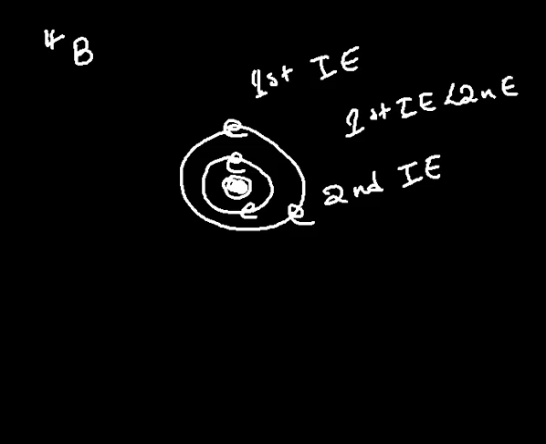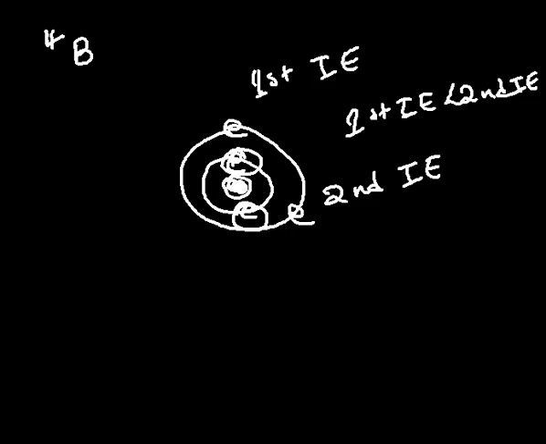The reason being that the first electron experiences the repulsive force from the inner core electrons and the other electron in the same energy level. But the second electron only experiences the repulsive force from the inner core electrons, therefore it is strongly pulled towards the center.